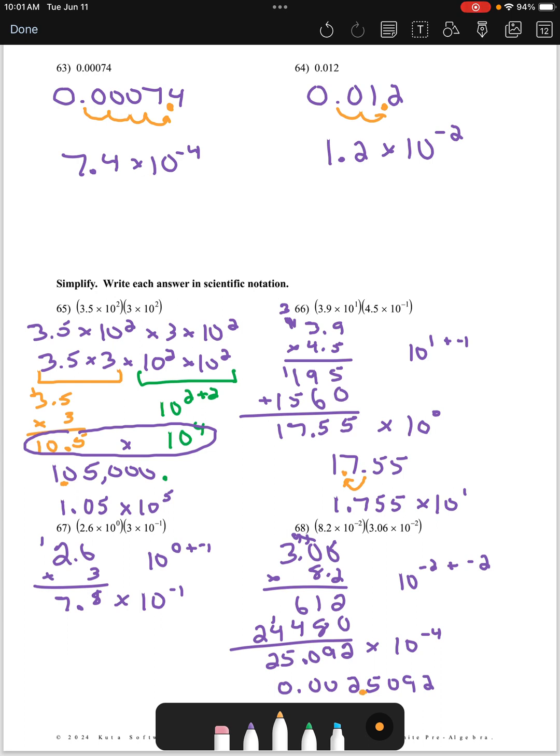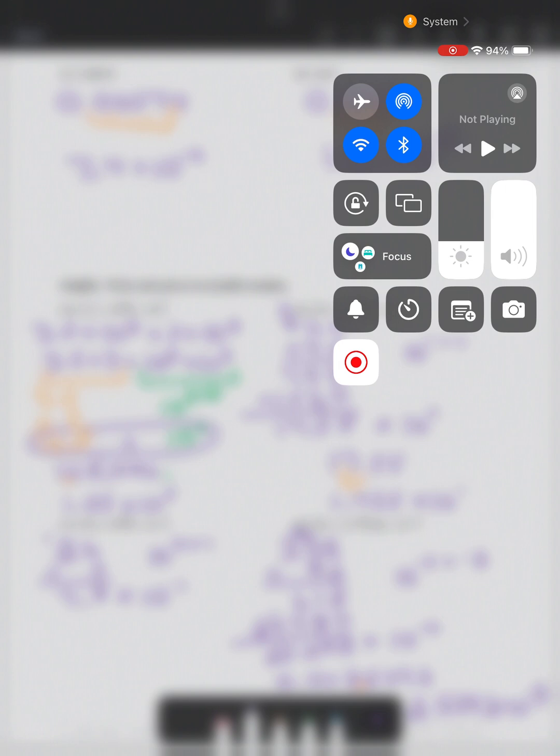I think you can do that yourself after yesterday's video. You don't need to see me do it. Decimal point truly needs to be between the 2 and the 5, so that our final answer is 2.5092 times 10 to the negative, and let's see, we would have had to move our decimal 1, 2, 3 places to get it where it needed to be. Final answer, 2.5092 times 10 to the negative third power.